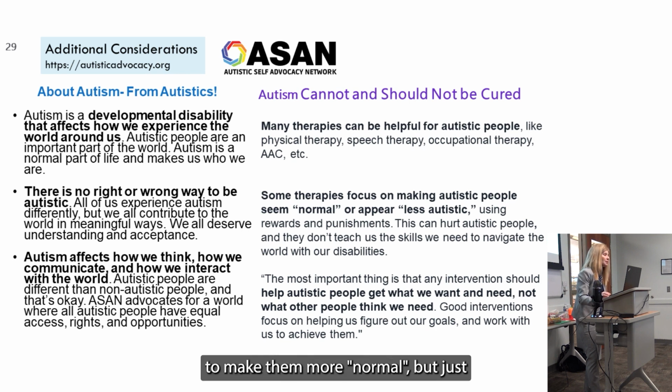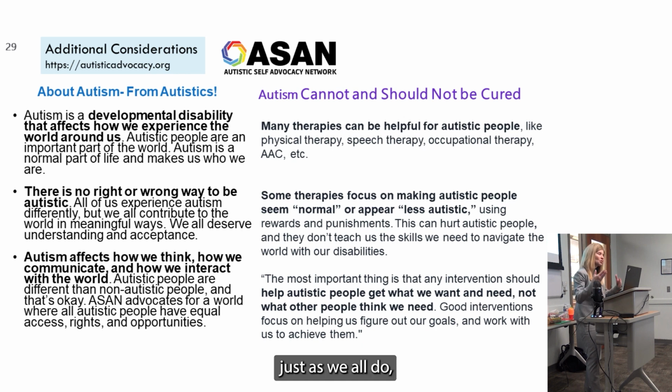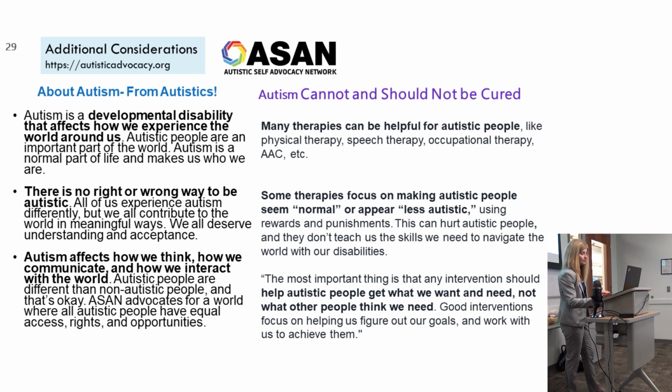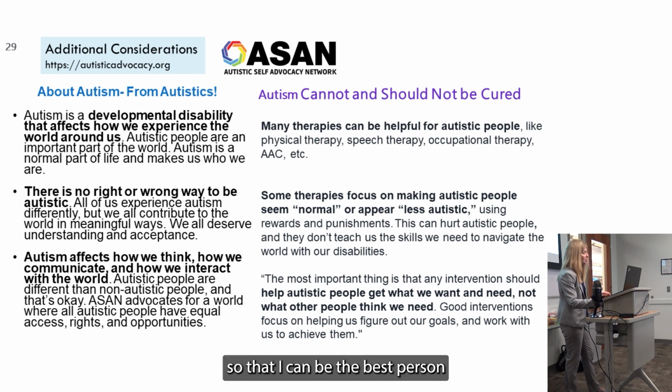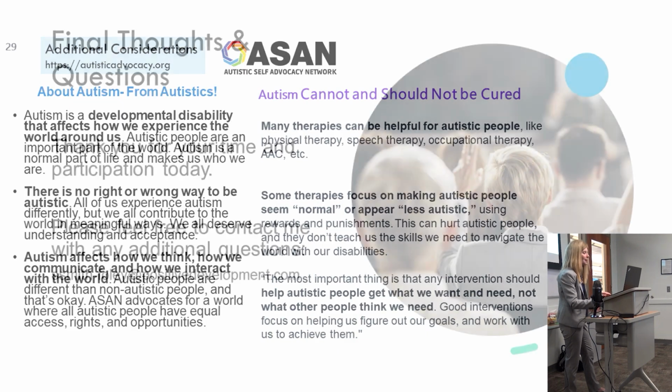The goal isn't to make them more normal, but just as we all do, we try to be our best selves. My best self today might be different than my best self on a Monday, but it's always trying to be our best selves, so that I can be the best person each day.